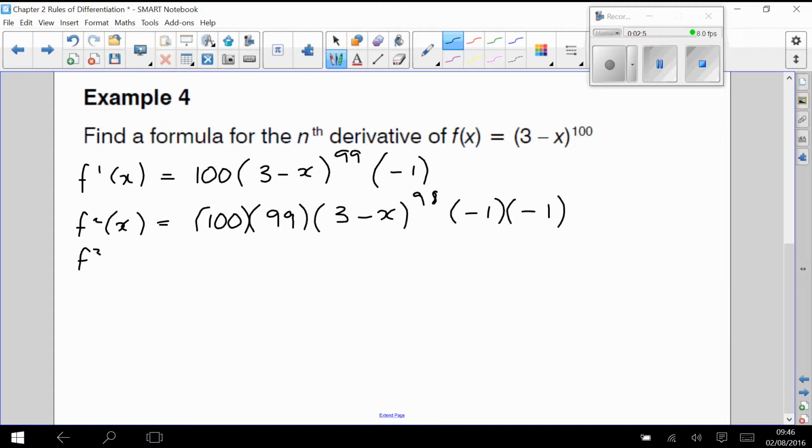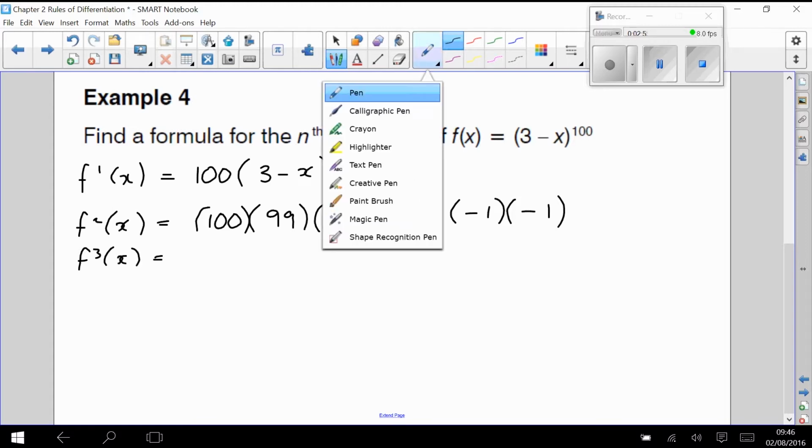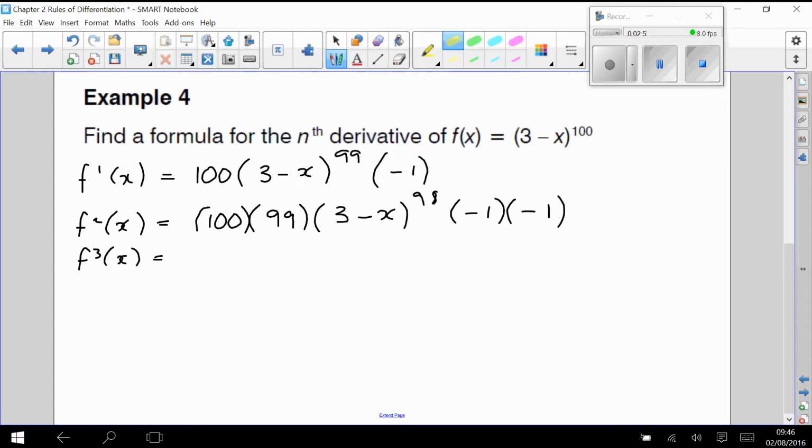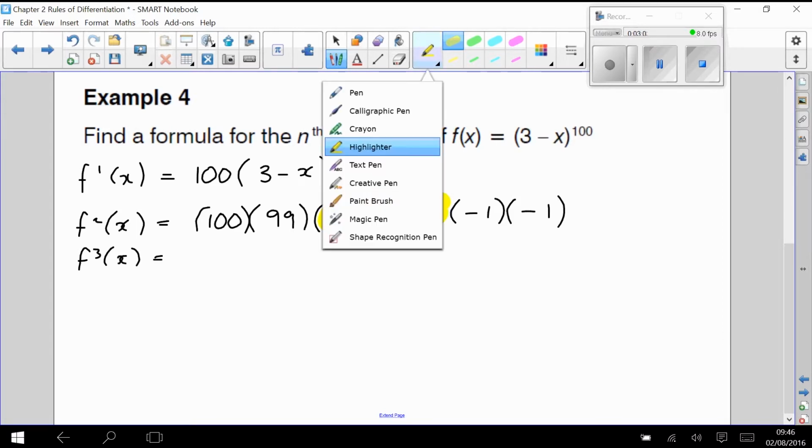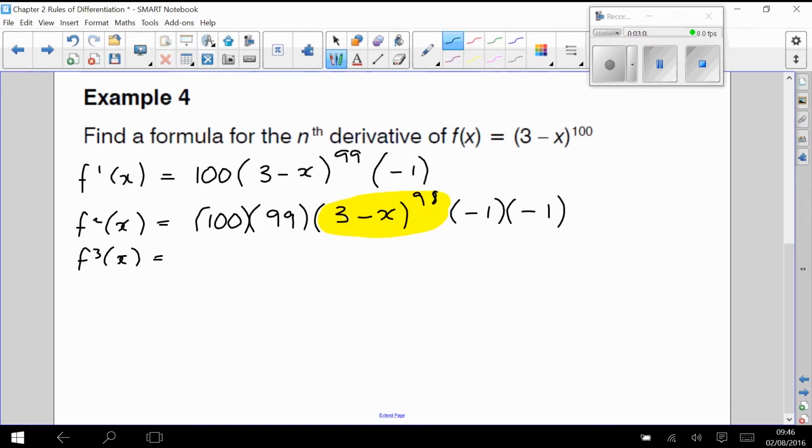When I get onto my third derivative, it's starting to look a little complicated, and so once again I'm going to highlight in yellow the part that has the variable, which is critical to finding the derivative. Remember, all the other numbers are just constant coefficients. So now if I find the third derivative of f of x, I'm going to have 100 times by 99. At the back, my coefficients are minus 1 and minus 1.